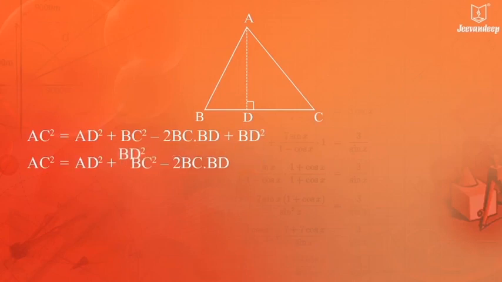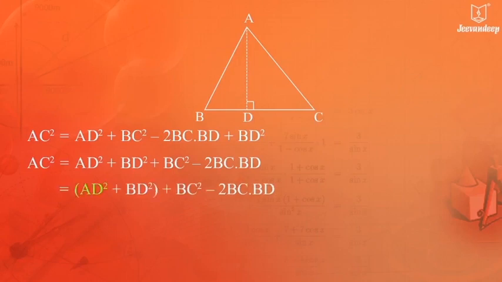By rearranging this equation, we get AD square plus BD square plus BC square minus 2BC BD.